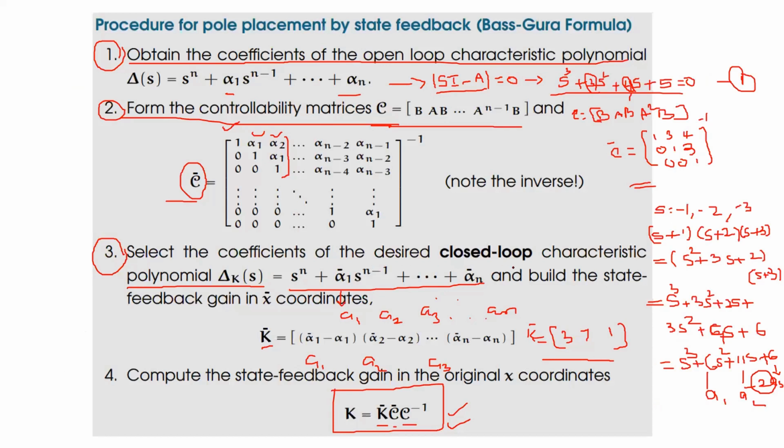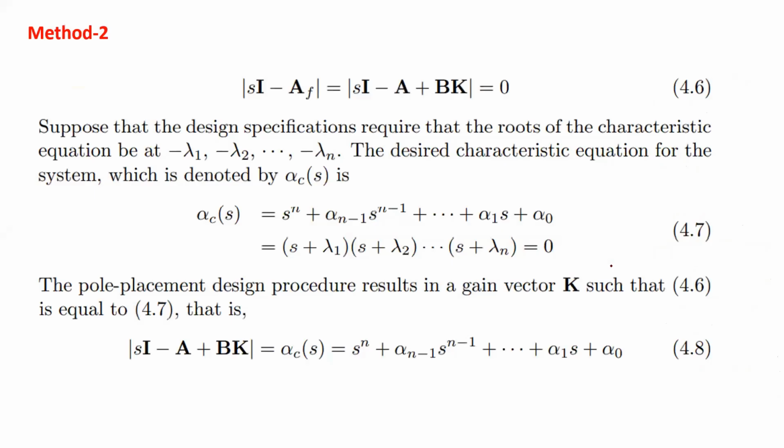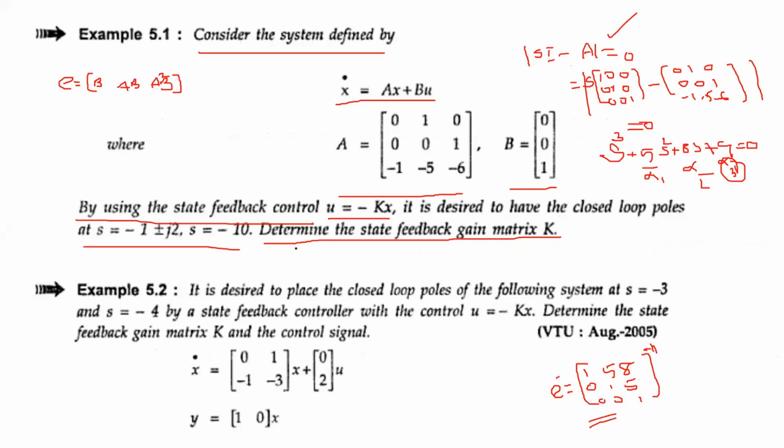Select the coefficients of the desired closed loop characteristic polynomial. What is the closed loop characteristic polynomial? Look at this one. S is equal to -1 plus or minus j2, S is equal to -10. There are 3 poles.